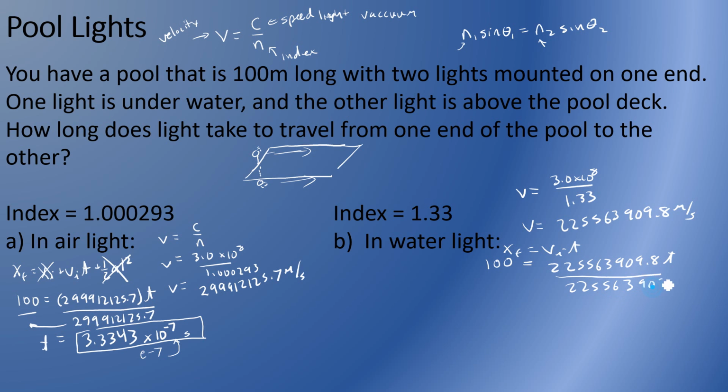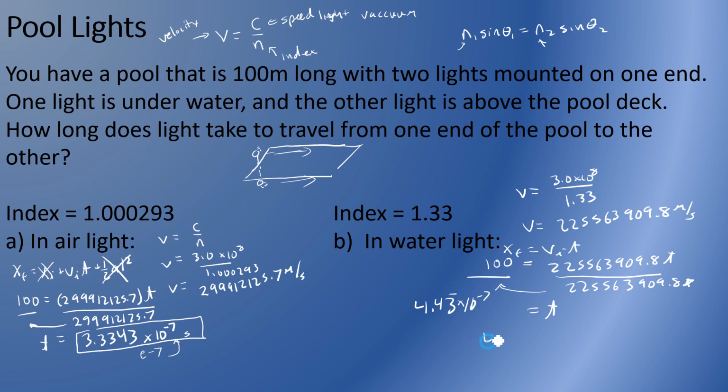Now we do expect it to go ever so slightly slower, and that number right there. So if I do 100 divided, I get 4.43 repeated times 10 to the negative 7.